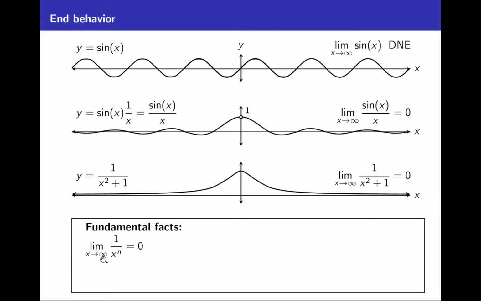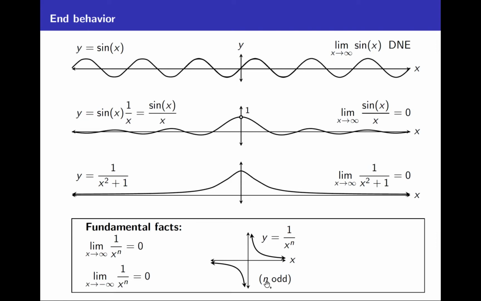As x gets bigger and bigger and bigger, x to the power of n is also getting really big, so its reciprocal has to get smaller and smaller, it approaches 0. Also, as x approaches negative infinity, 1 over x to the power of n gets closer and closer to 0, because you have the reciprocal of a number that's getting bigger and bigger and bigger. So that reciprocal is getting smaller and smaller.